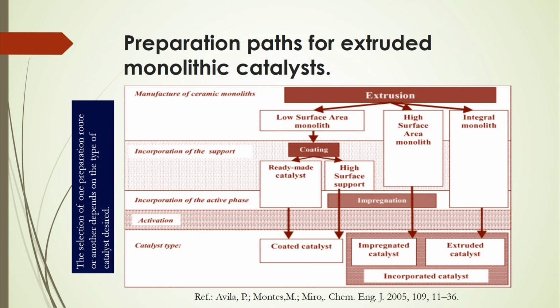Based on impregnation, you can use a suitable coated catalyst, and also different types of impregnated catalyst and extruded catalyst. The impregnated catalyst and extruded catalyst are referred to as incorporated catalyst.